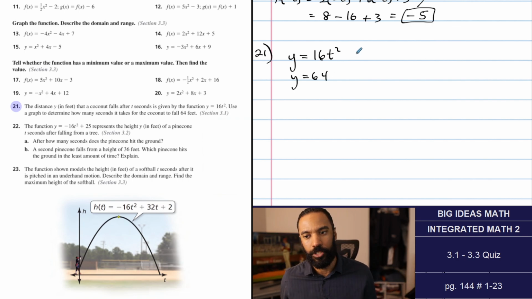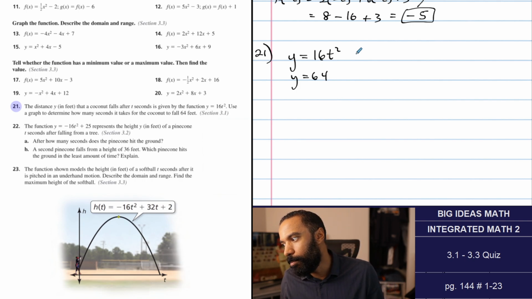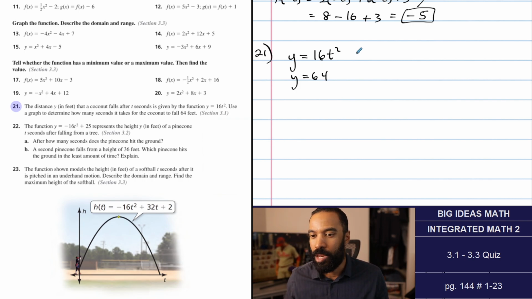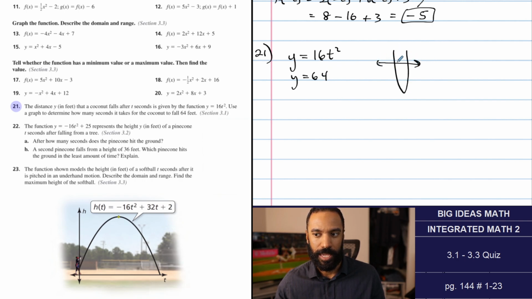Now, there are two different versions of what you can do here. Number one is graphing y equals 16t squared and graphing y equals 64, and then determining when 16t squared equals 64 and finding those t values.